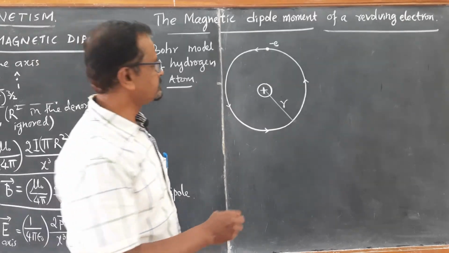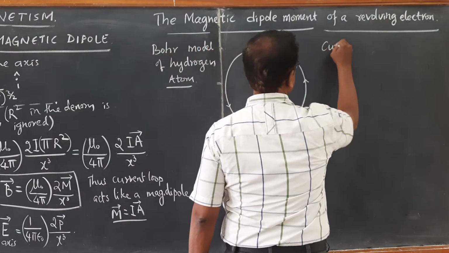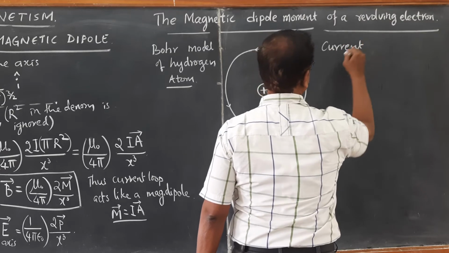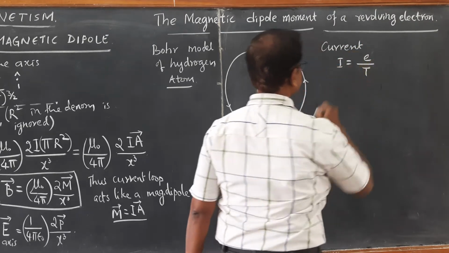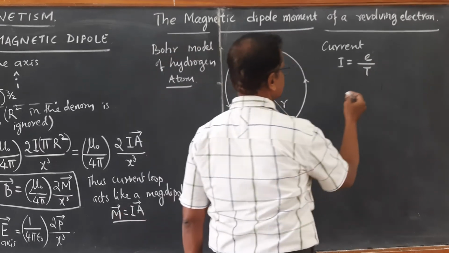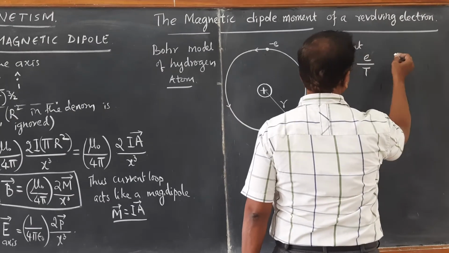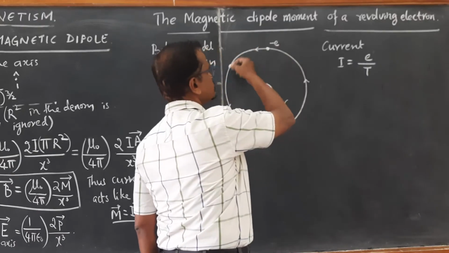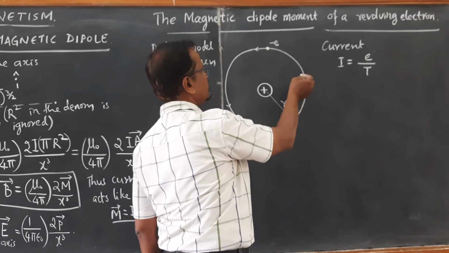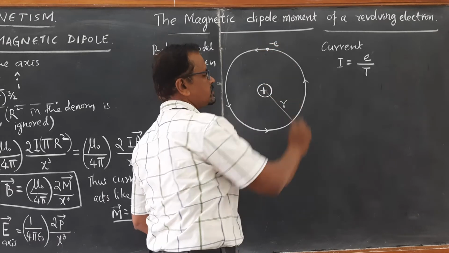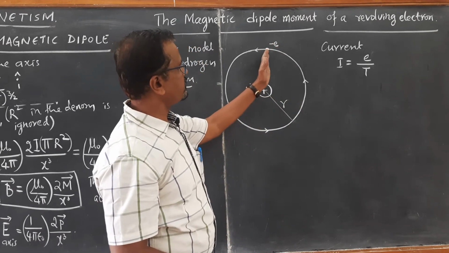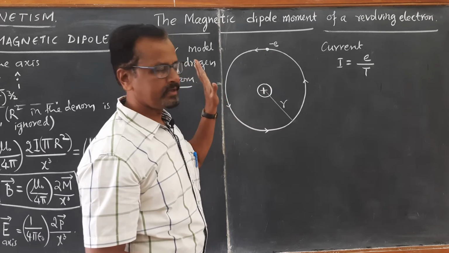So current is given by I equal to plus e by T, which is in the clockwise sense, since it is considered to be opposite to the motion of the electron. If the electron is in the anti-clockwise sense, it is understood that the same amount of positive charge is moving in the clockwise sense.